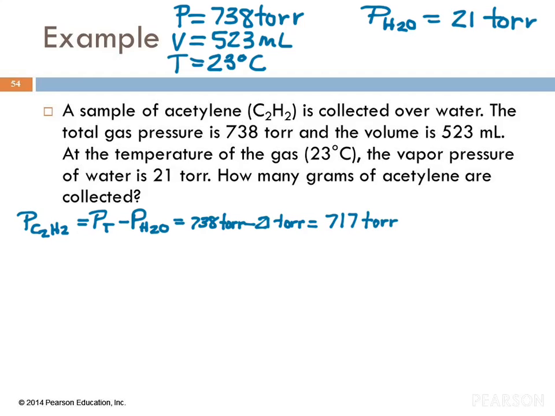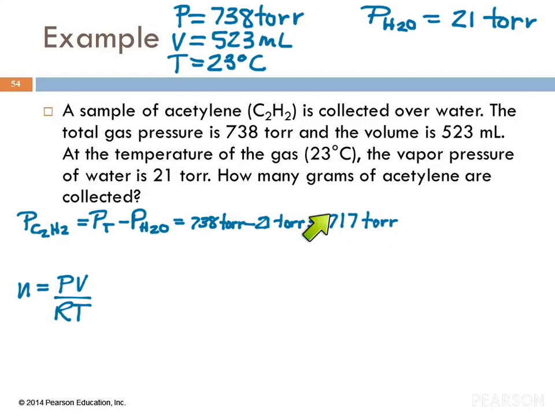What equation are we going to use to find the number of moles? That one. Yeah, PV equals nRT, so we'll rearrange it, and n will equal PV over RT. So we need pressure, volume, R, and T. When we're dealing with PV equals nRT, we have to be really careful with our units.